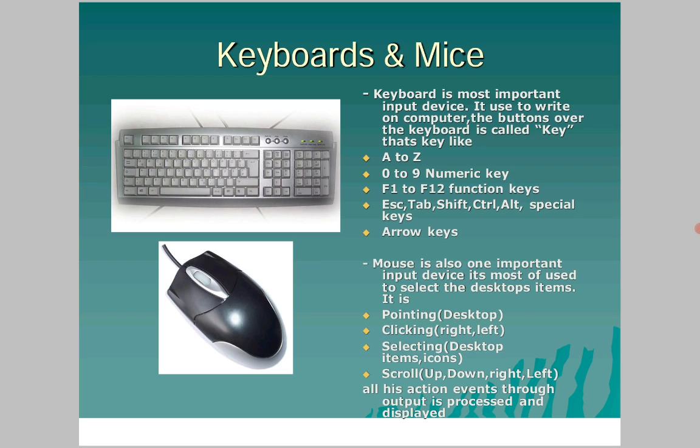And another button is a scroll bar button, which is also used to scroll up, down, right, left the document. So all these operation events are processed through output devices and displayed. So these are the standard operations of a mouse.